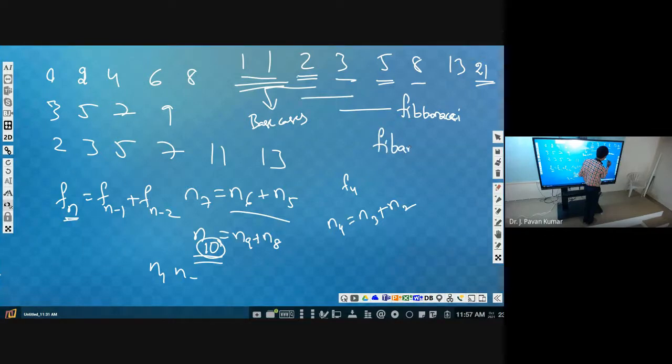This particular series we call the Fibonacci series, and each number we consider a Fibonacci number.